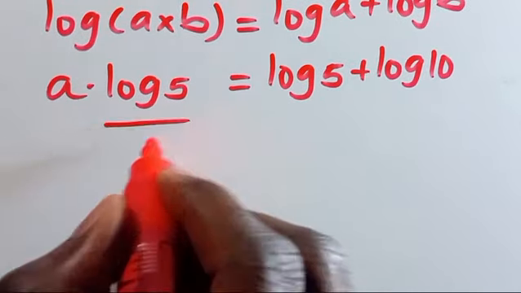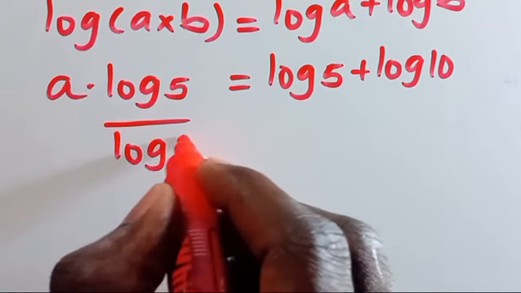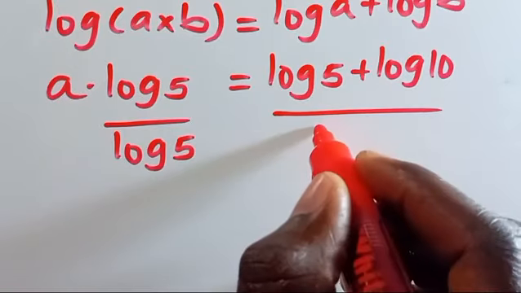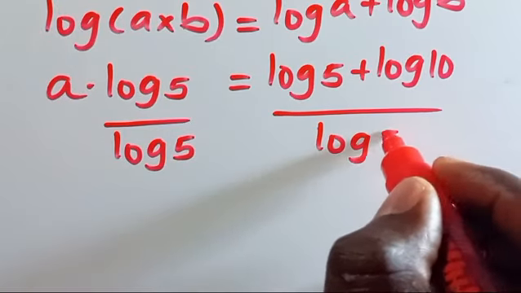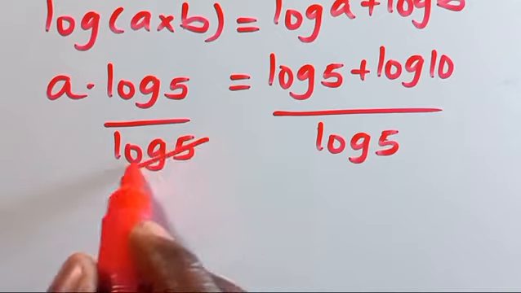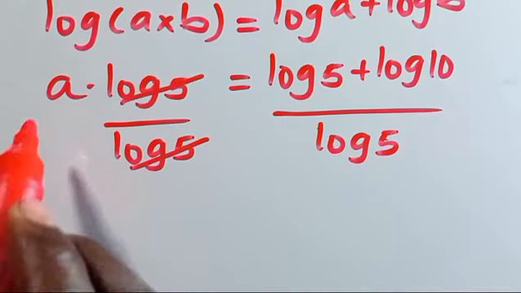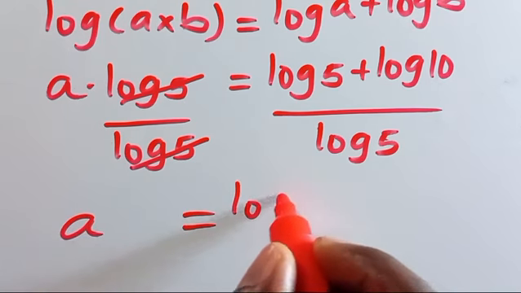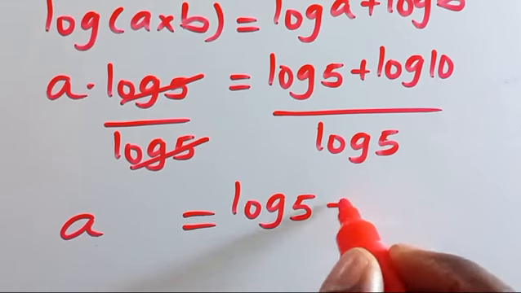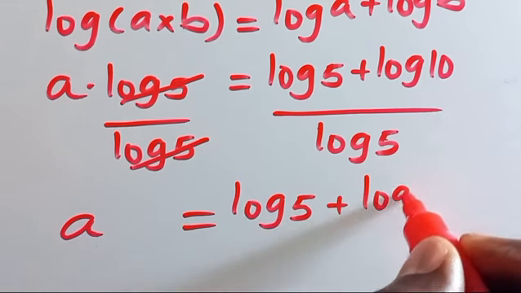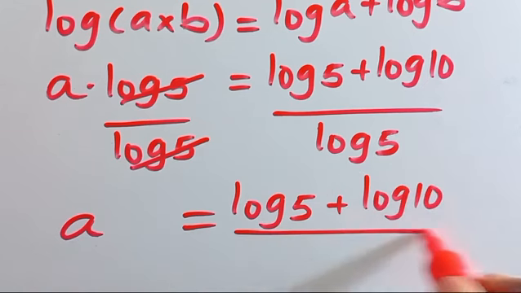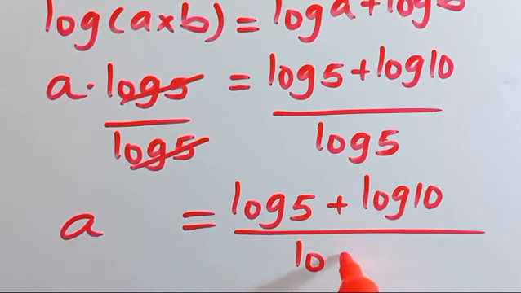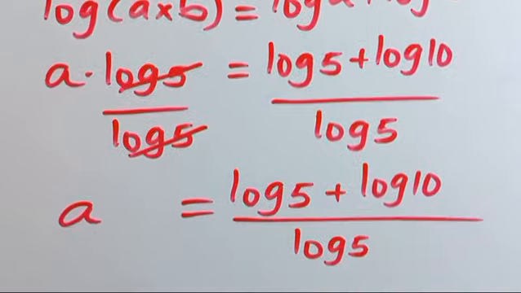So dividing through by log 5, log 5 will divide by log 5, it will give us 1 times a. Here will be a equals log 5 plus log 10 divided by log 5.